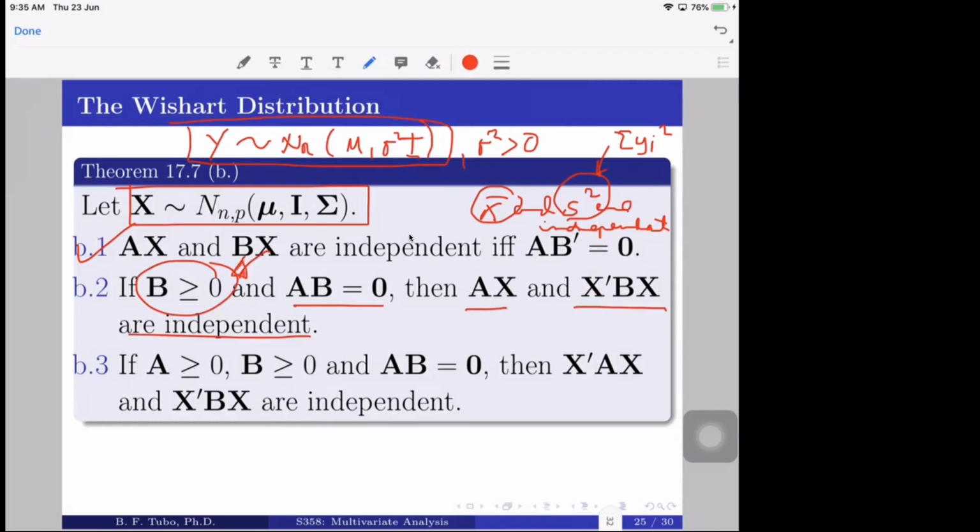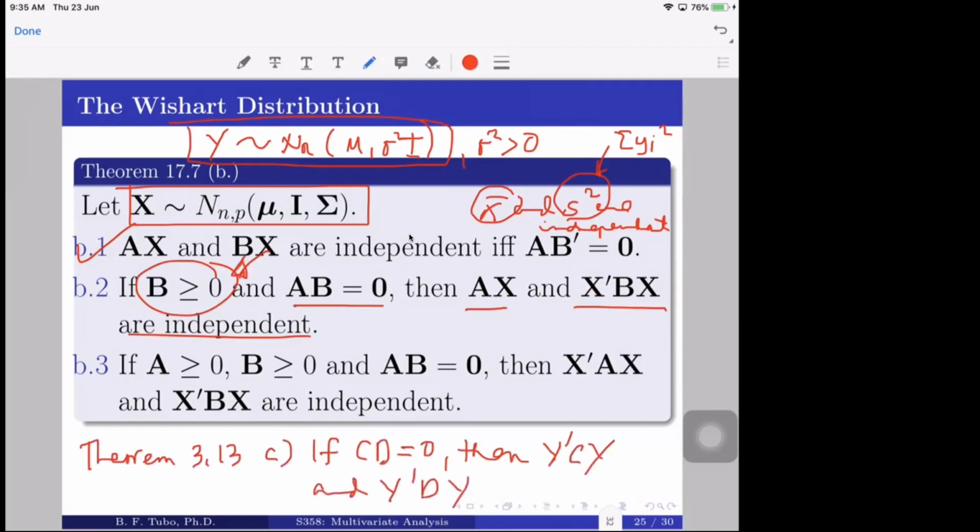And then theorem 3.13c tells you that if CD is 0, then Y prime CY and Y prime DY are independent.